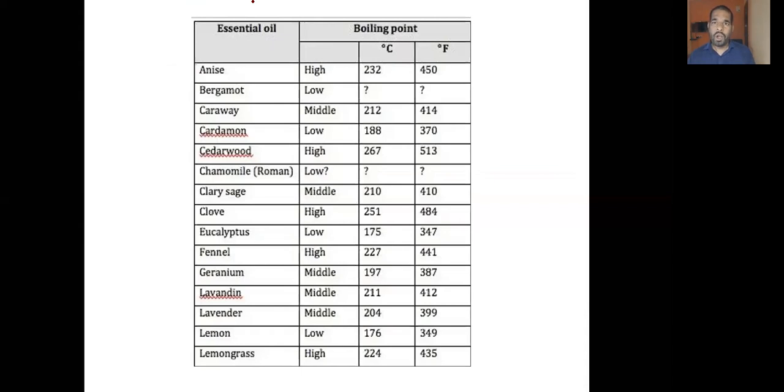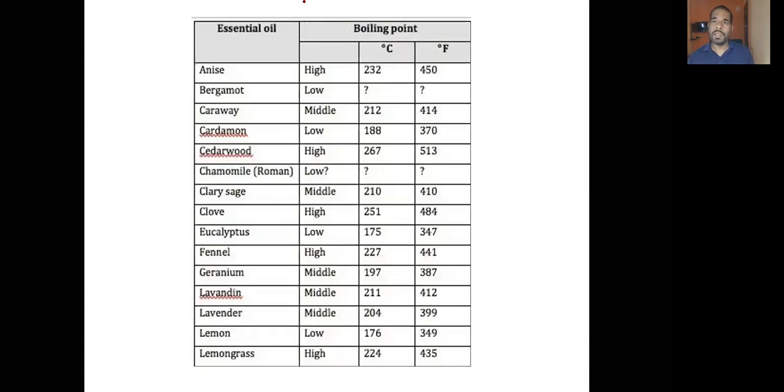Various essential oils have high, middle, or low boiling points, and depending upon their boiling points, we can identify them. It will help us to identify the structure of the particular compound.